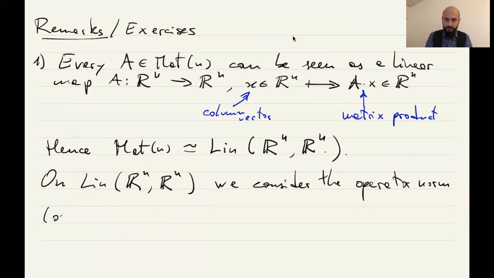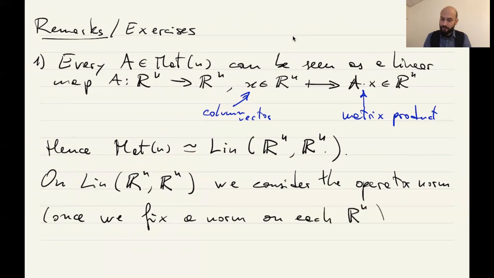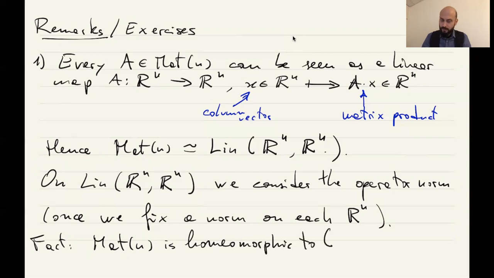So once we fix a norm on each R^n, the space of matrices, with the topology that we defined with the coefficients, is homeomorphic to the space of linear maps from R^n to R^n with the operator norm.